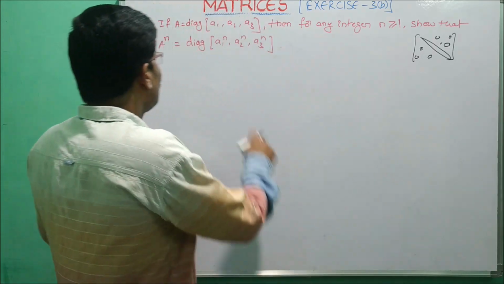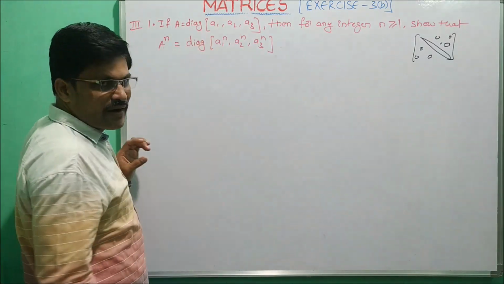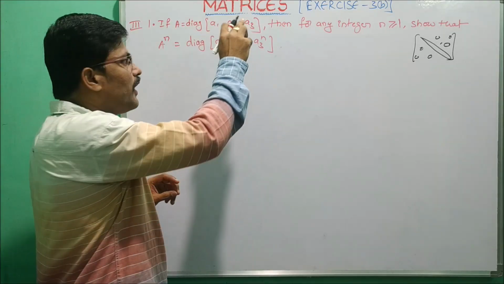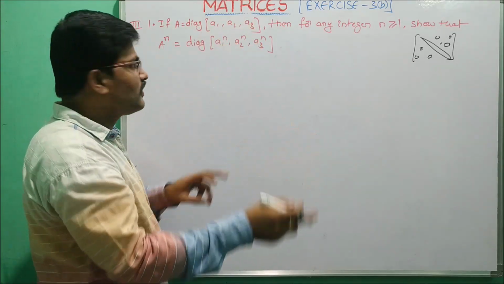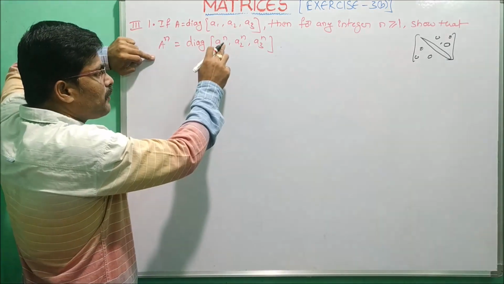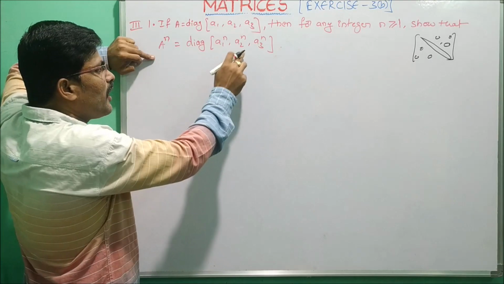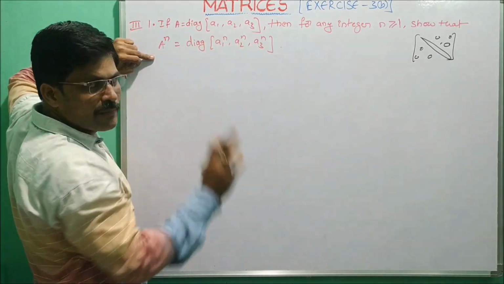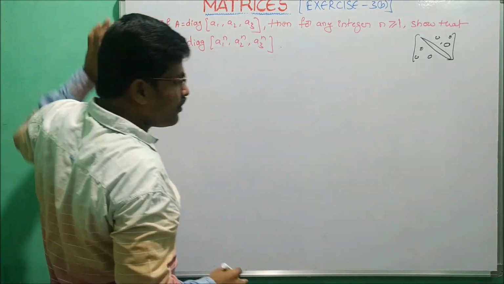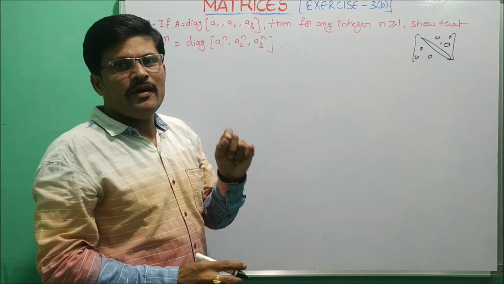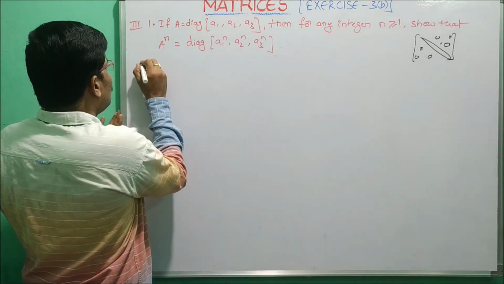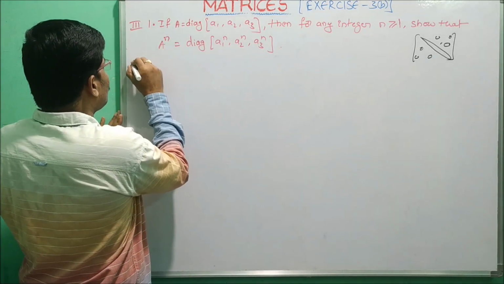Now here A is already given as a diagonal matrix. First of all we write a1 0 0, 0 a2 0, 0 0 a3. That is A. And A power n means a1 power n 0 0, 0 a2 power n 0, 0 0 a3 power n. Now this is also proved by using the principle of mathematical induction. First of all, we go to the solution.